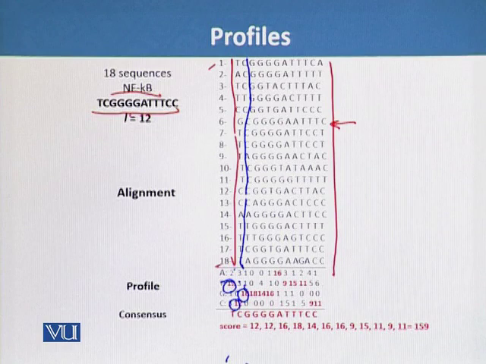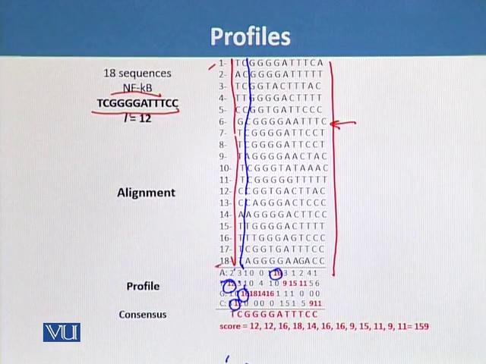In this way all the nucleotides are counted and the maximum is bold in red. For example, in this column adenine is maximum, 16, in the next column thymine is maximum, 9, and in the last column again cytosine is maximum, 11. So the maximum number of each column is highlighted in red.